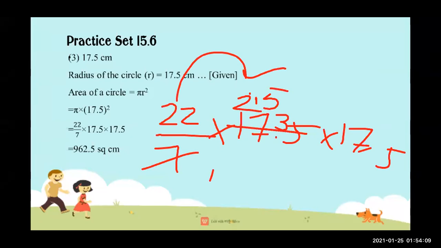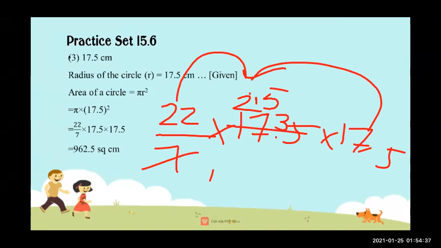Now that 55 should be multiplied by 17.5. Now multiply 55 by 17.5. What are you getting? Very good, Sudhir. You are getting 962.5. Very well, everyone is getting the same answer.